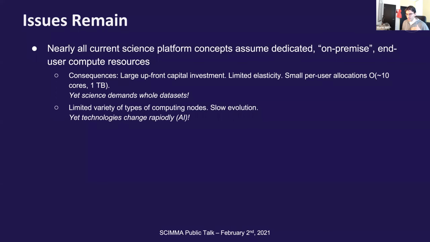So if you realize in two years that you need an AI accelerator, you can't really do much about it, right? Because what you have in the data center is what you have. So that's another problem, that these kinds of facilities tend to evolve relatively slowly relative to what's available elsewhere.